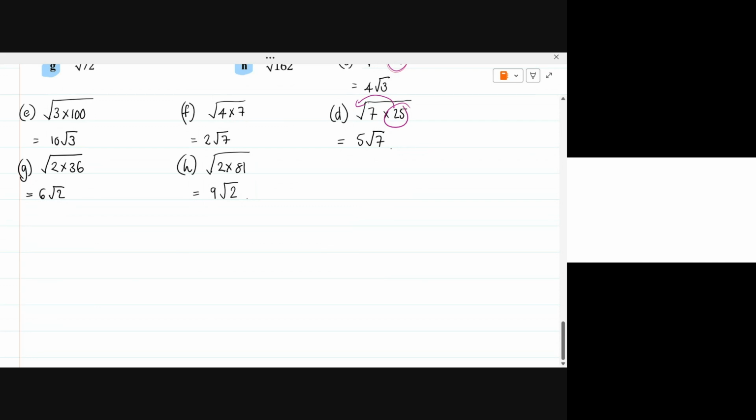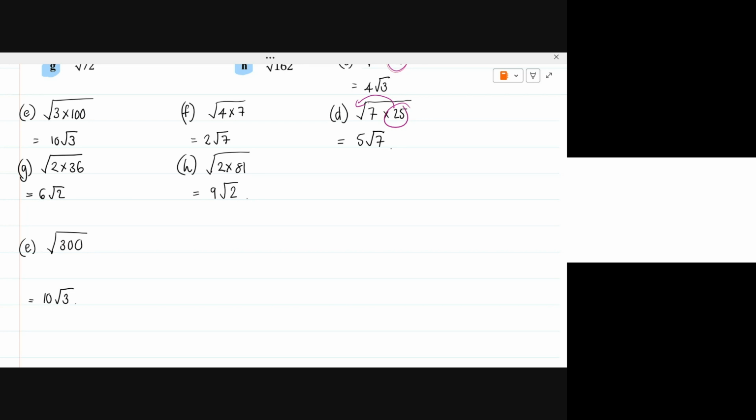I'm going to use E as an example because it's nice and easy. E says we need to simplify the square root of 300. So now what you can do is pick up your calculator and just punch in the square root of 300. As soon as you click equals, your calculator is going to give you 10 root 3.